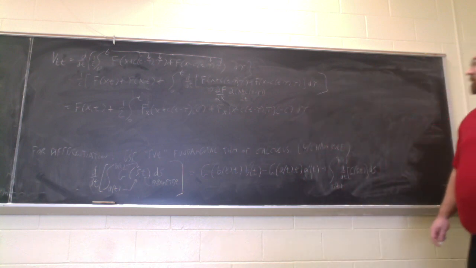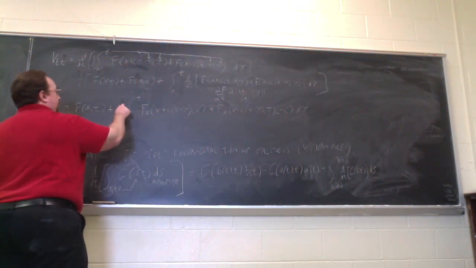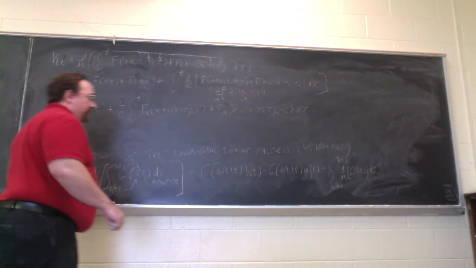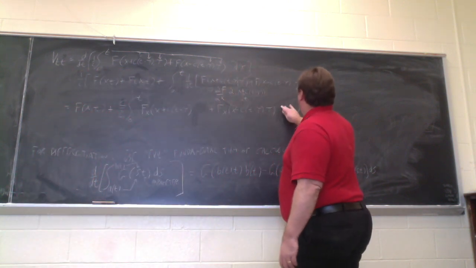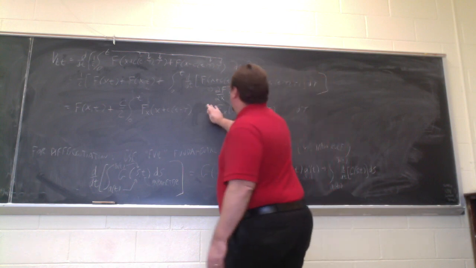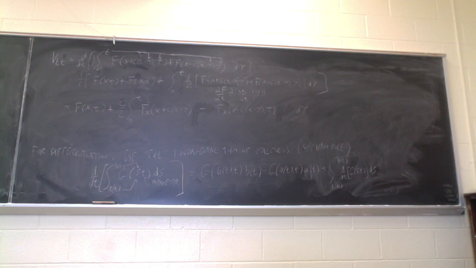Now I have a c throughout, so I can just put it out front, as long as I remember to put a minus in the middle. And that takes care of V_tt.